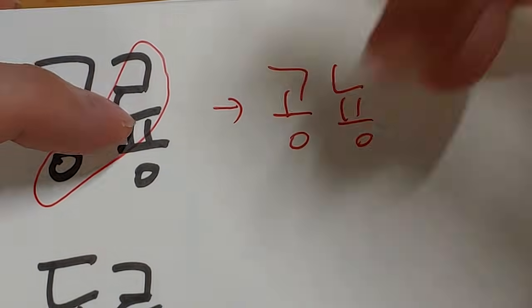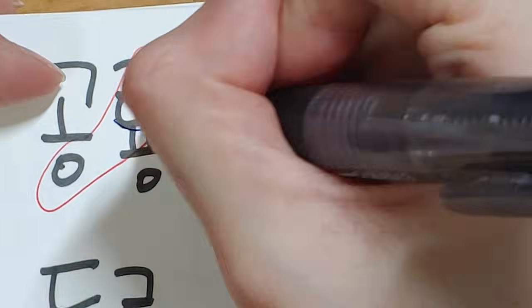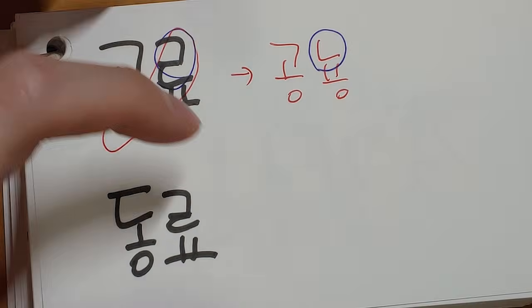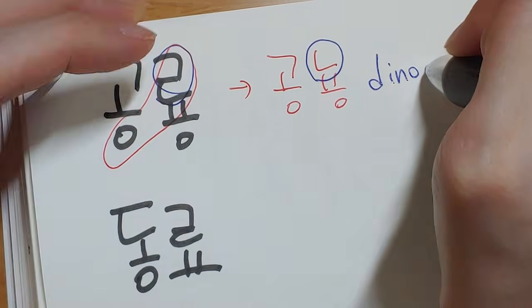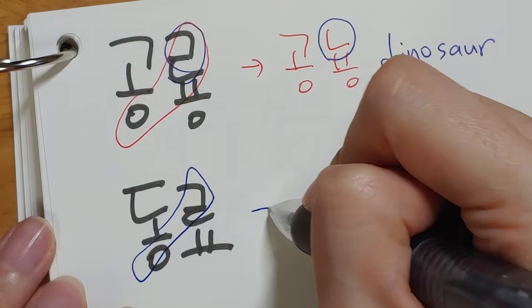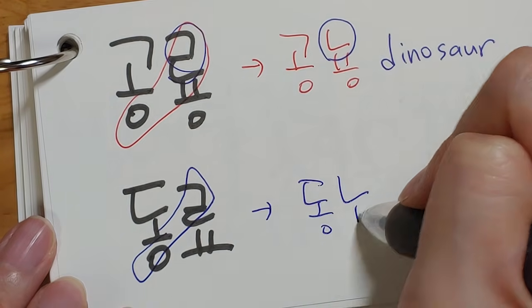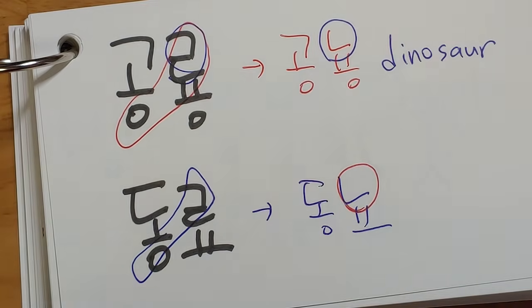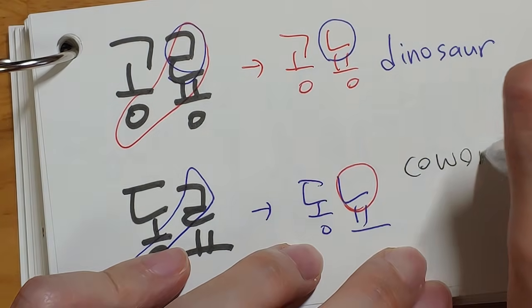So it's pronounced 공뇽 instead of 공룡 because it's a lot more comfortable for us. 공룡 means dinosaur. And this one, you guys can pronounce this one, I think. 동료. And 동료 means like coworker.